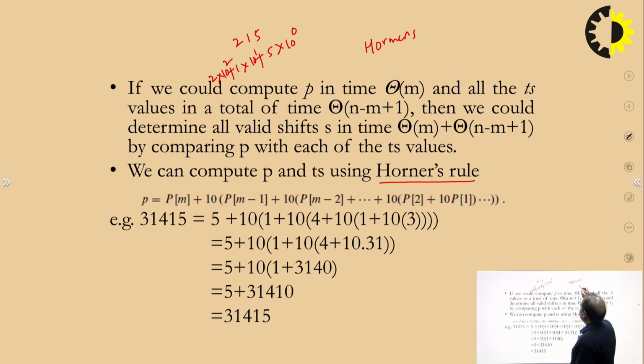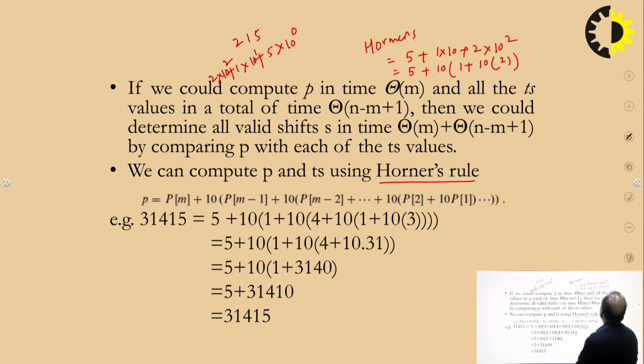This is nothing but 5 plus 1 into 10 plus 2 into 10 squared. This can be represented as 5 plus 10 times (1 plus 10 times 2). There is no difference in the calculation, but we are minimizing the number of multiplications.